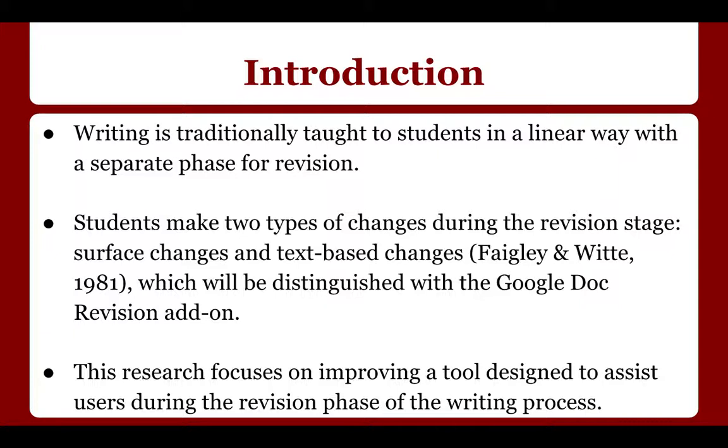So maybe they need to capitalize a letter, or they need to add a period or a semicolon. And text-based changes are really additions, omissions, or any other types of changes to the actual writing of their piece, whether it's an essay or story or whatever.